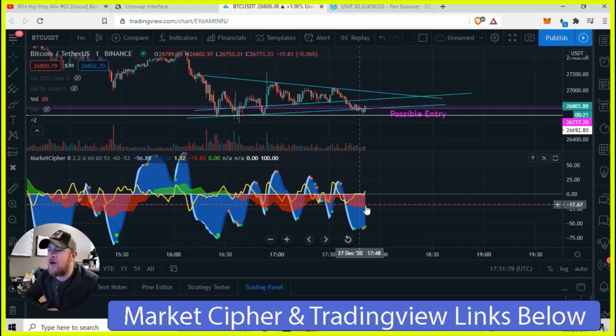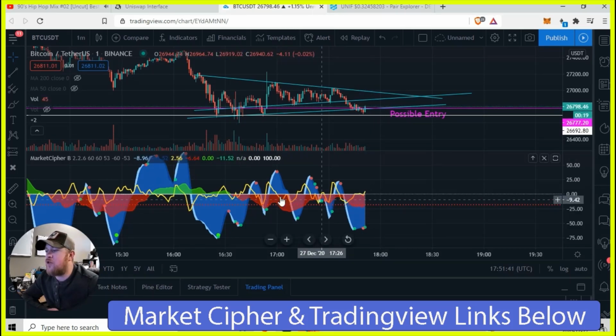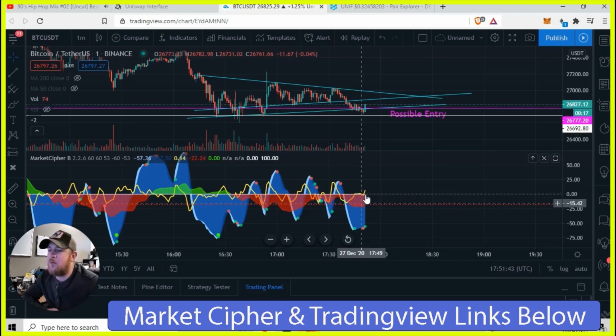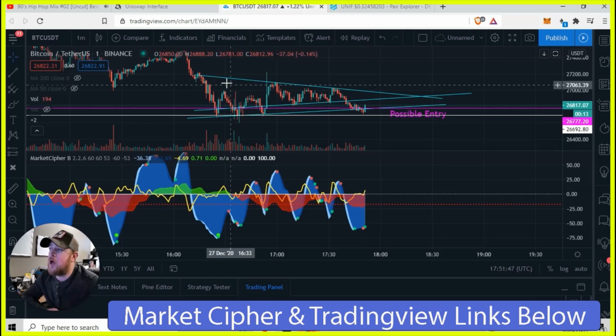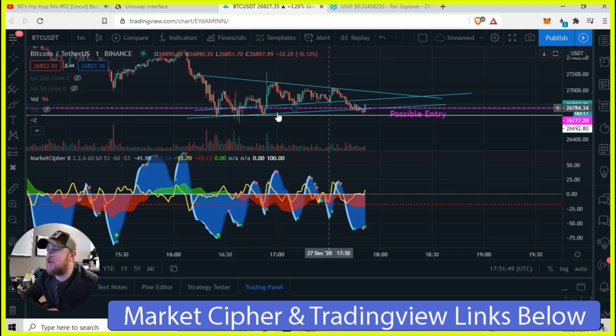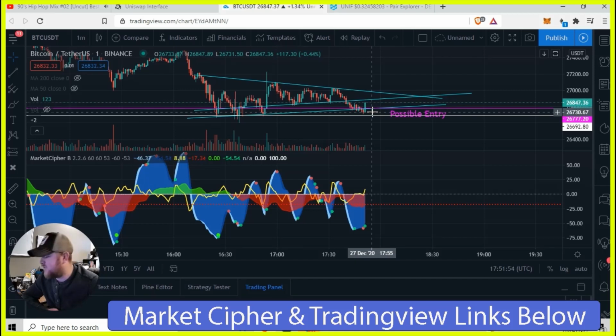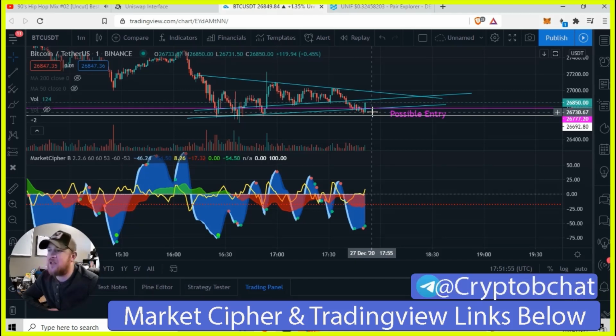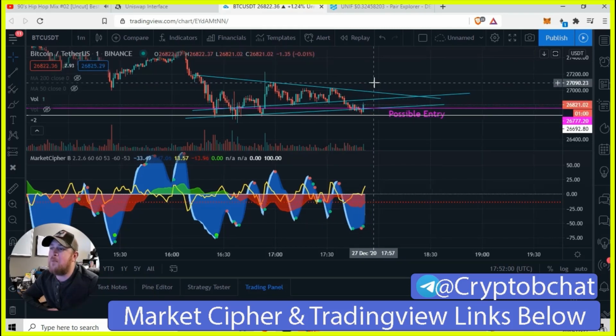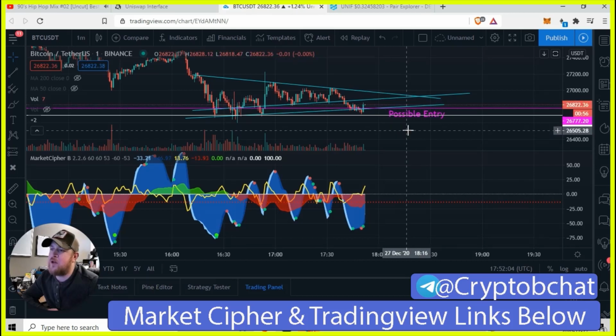We dipped down in the red, so this is less tradable, but we're back above the zero line. And with the upper trend line, we have 1, 2 confirmed touches. The lower trend line is kind of a mess down here. I didn't get my next buy-in, which sucks, but we are in and we're going up. I'm hoping this is going to bump up out of that upper trend line. 3 touches, it should break through.